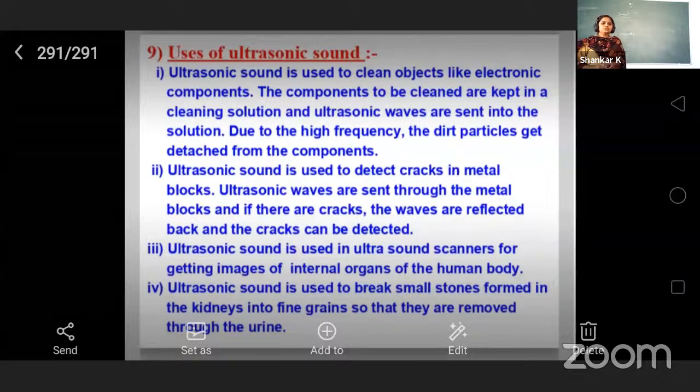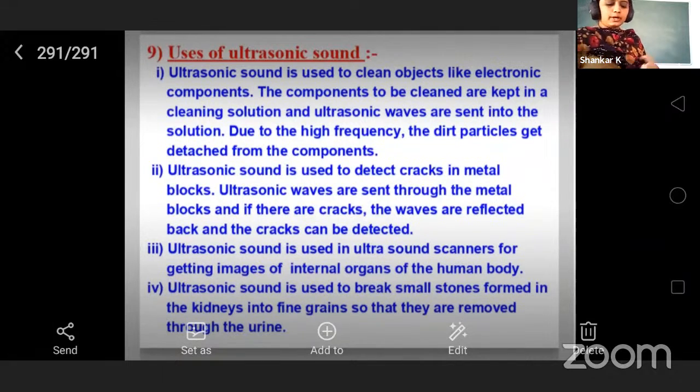What are the uses of ultrasonic sound? We will discuss ultrasonic and infrasonic sound tomorrow. These are some uses that are given. We will discuss the uses of ultrasonic sound and infrasonic sound tomorrow. Okay, have you understood this, students?